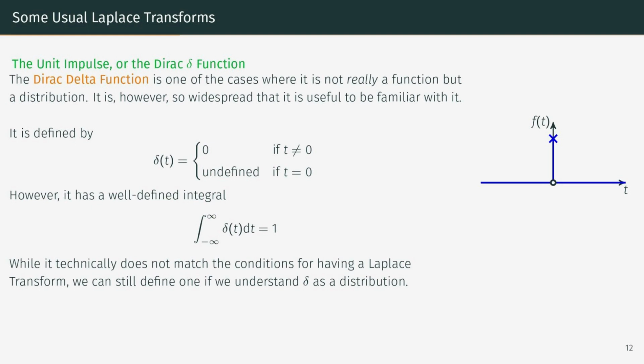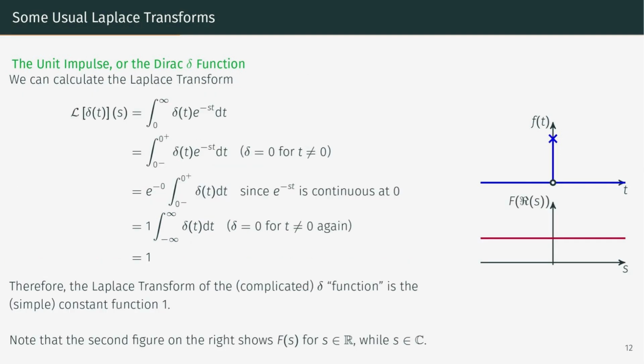While it technically doesn't match the conditions for having a Laplace transform, we can still define one if we understand the Dirac delta as a distribution. We can then calculate the Laplace transform such that the Laplace transform of the delta of t equals the integral of the delta of t times e to the negative st dt from 0 to infinity.